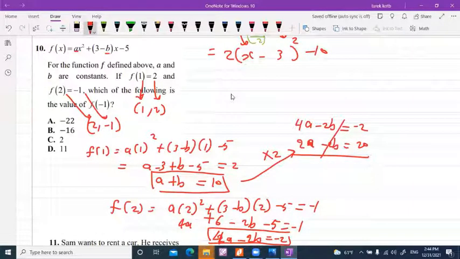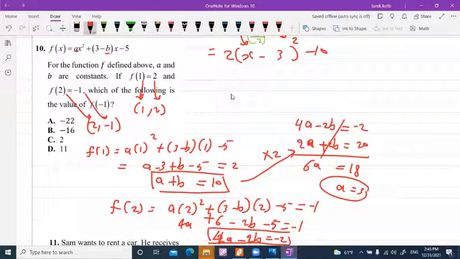And the 4a plus 2a equals 6a. And 20 take away 2 equals 18. So a equals 3. Now I got the a. Since a equals 3, b equals 10 minus 3, which is 7. Now I got a and b.